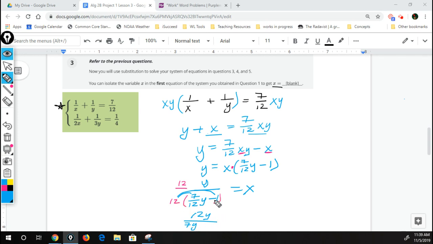And then we got 12 times that minus 1. Okay, so this is a simplified response for x that we can get. So that is question number 3, solving for x.